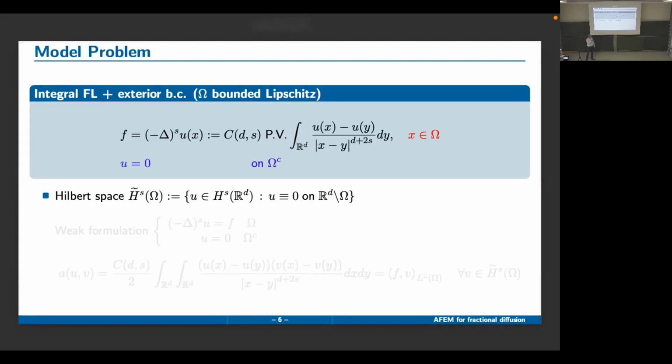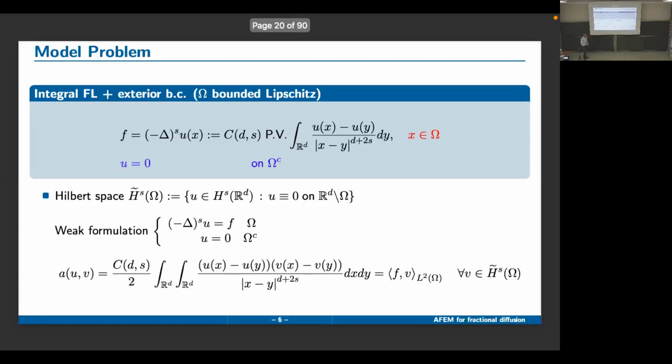And the standard Hilbert space is H^s tilde, so global H^s functions which vanish outside. With that, we can write down the weak formulation. This is all completely standard. In a symmetric way, this is your bilinear form of u and v, okay? The ansatz and test space is H^s tilde.